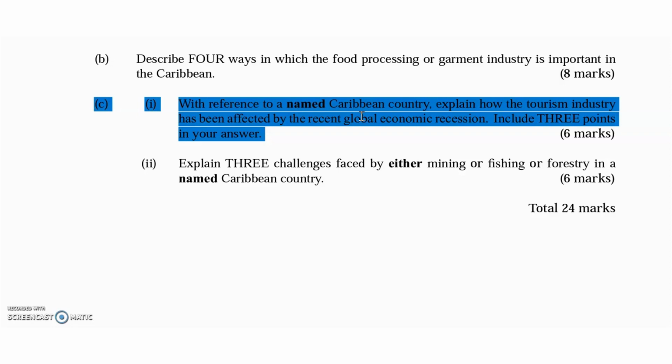All right. So global economic recessions are in fact associated with limited amounts of financial flexibility for the purpose of leisure and recreation. Now, with respect to Tobago, one way in which the tourism industry was affected was the most obvious effect, where low tourist influx was associated both with on season as well as off season.